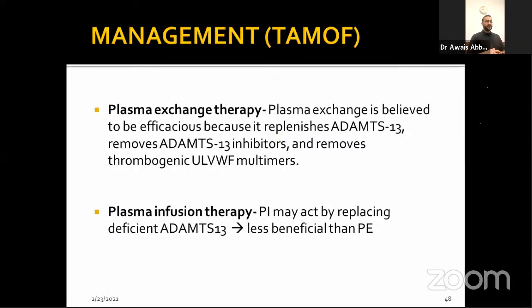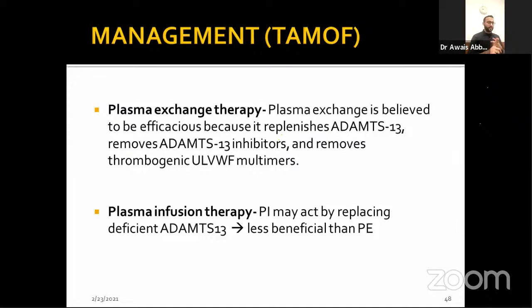What I found in the literature search regarding the management of TAMOF were two modalities. The first one is plasma exchange therapy. Plasma exchange is believed to be efficacious because it replenishes ADAMTS13, removes the ADAMTS13 inhibitors, and removes the von Willebrand factor multimers as well.